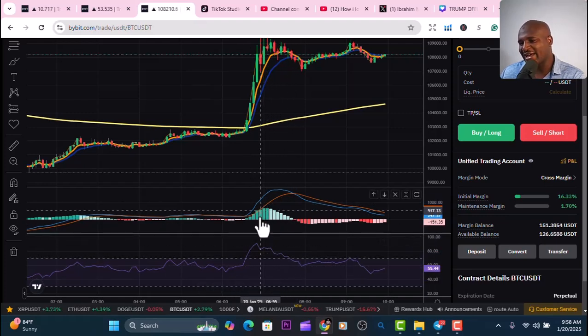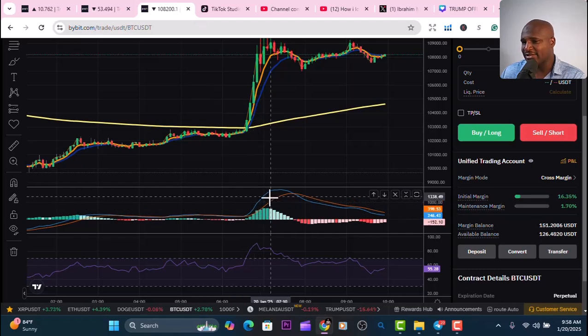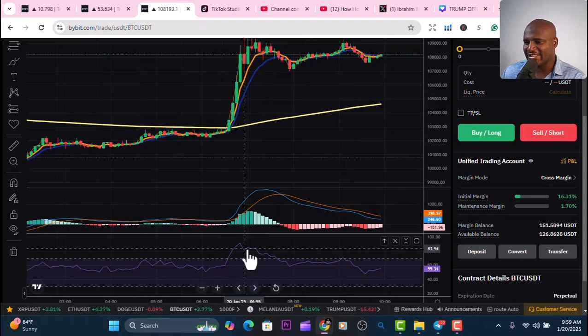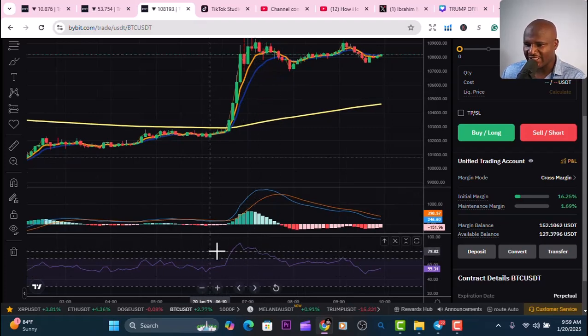If you see the MACD line and the signal line, there's a gap here. That shows you that something untoward may have happened in terms of the pricing. Someone had bought large quantities, maybe some whale, and that indicates that for me. So I can confirm that yes, it's been overbought.